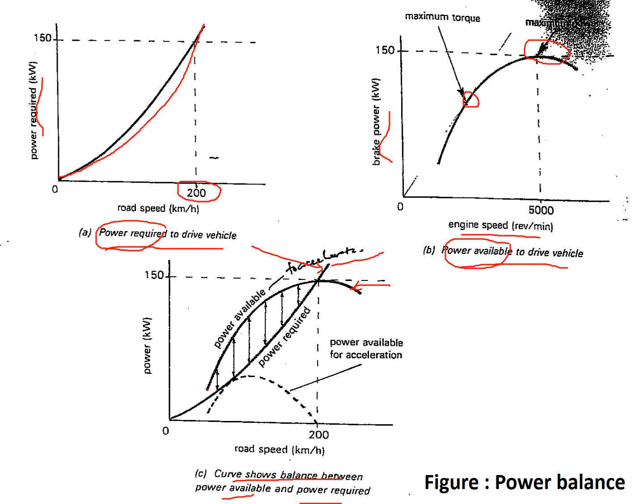If you take the difference here, you will have this curve. This is the power available for acceleration. You can use this power for acceleration if you have a suitable gear ratio. So this is how the engineer studies to get the vehicle maximum speed or the vehicle maximum acceleration.